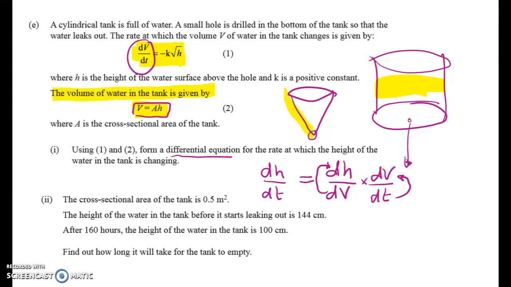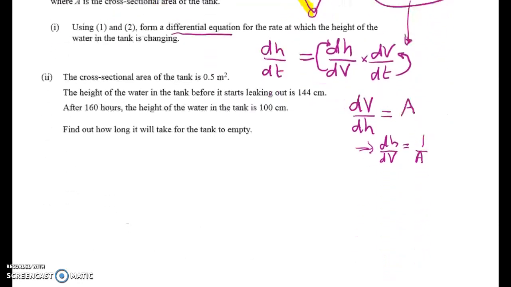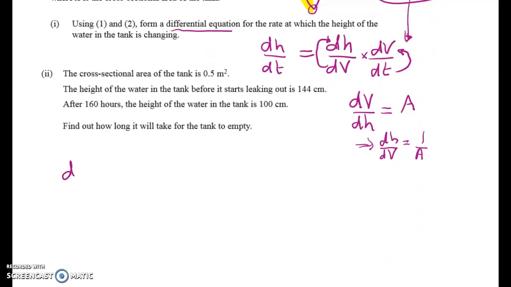Mechanically, that makes it a really easy problem. We're given dV by dt, it's up here, and we can find dH by dV. So dV by dH is just equal to A. So dH by dV is 1 over A. So what does that give me? Well, I get this: dH by dt is equal to 1 over A times dV by dt.